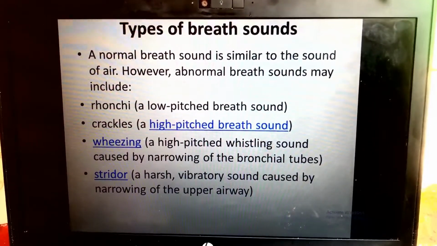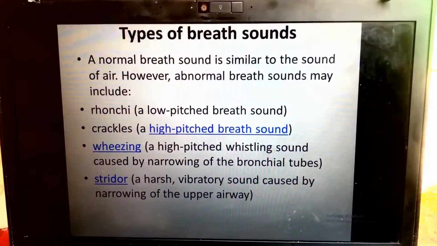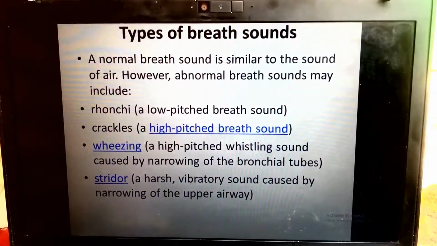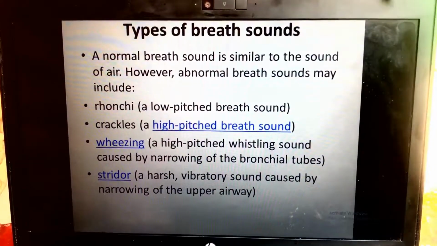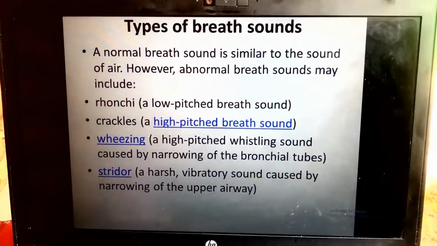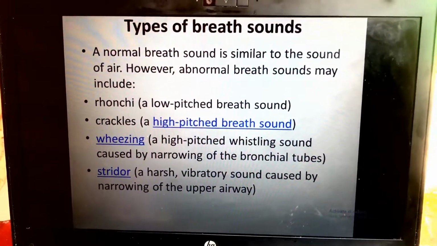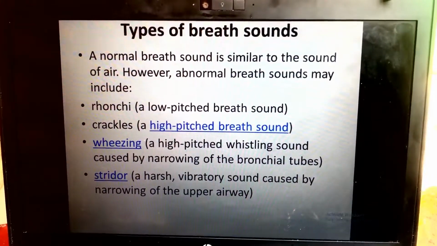Wheezing, a high-pitched whistling sound caused by narrowing of the bronchial tubes. For example, during asthma, we will hear the wheezing sound. And stridor, a harsh, vibratory sound caused by narrowing of the upper airways.